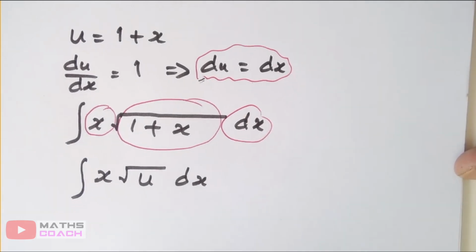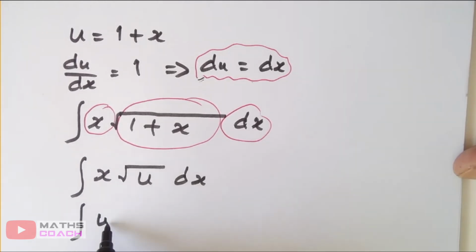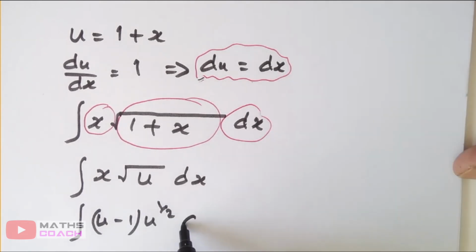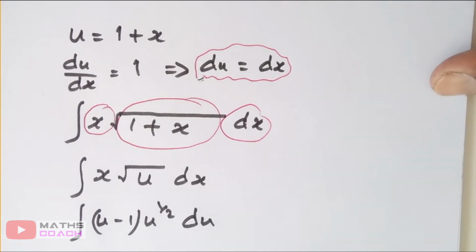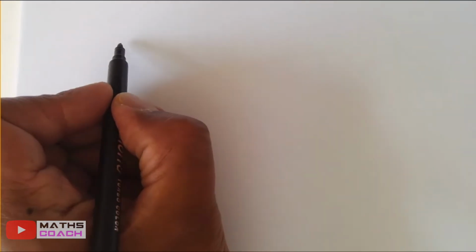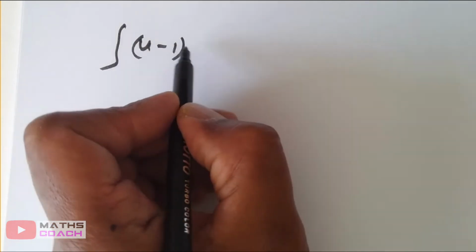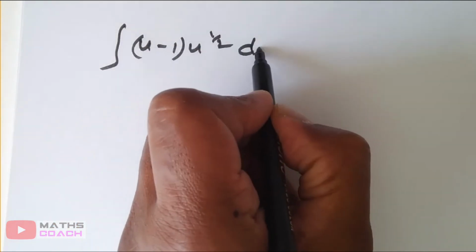So it makes sense for us to write the integration sign, (u minus 1), which I'll put in brackets, square root of u, which we know as u to the power half, and dx, and only in this case, dx happens to be du. Okay, I'm just going to write that last line again. So we have integration of (u minus 1) u to the power half, du.